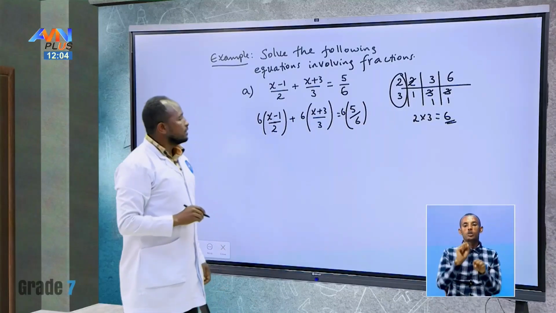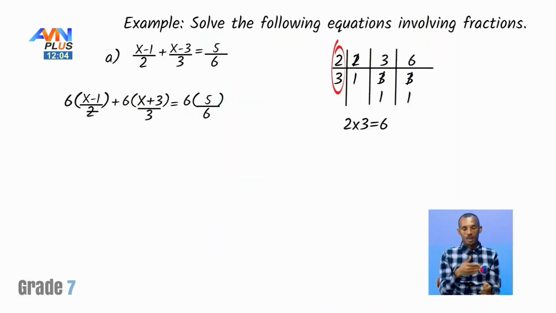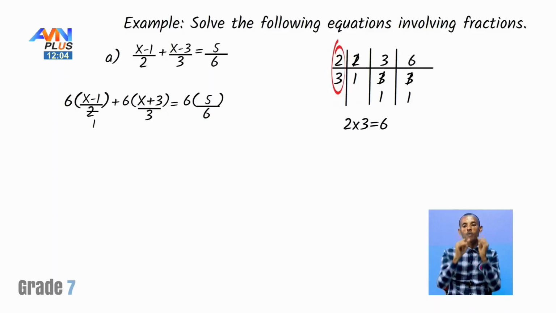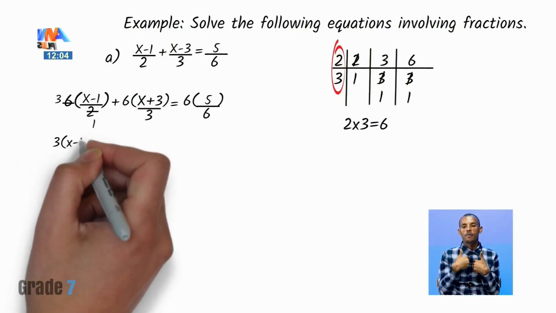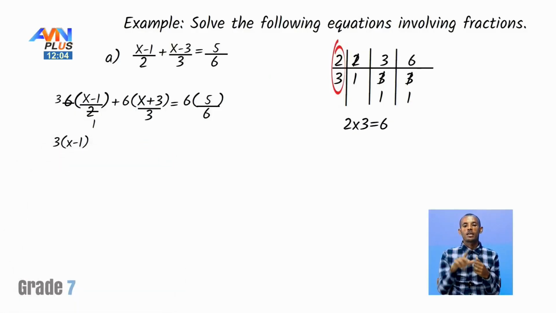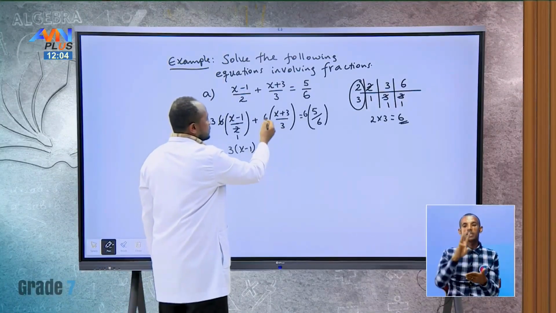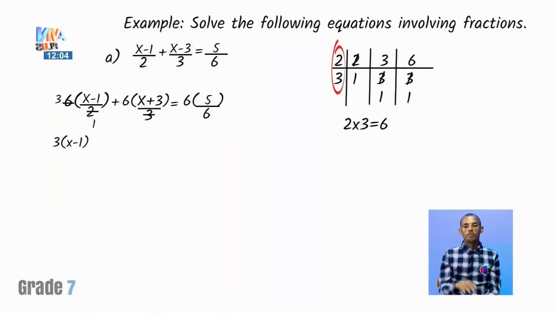So the next step, you can easily simplify these two numbers, 6 over 2. When you divide 6 by 2 you have 3. So you have 3 into x minus 1. Again here, you can simplify these two numbers.